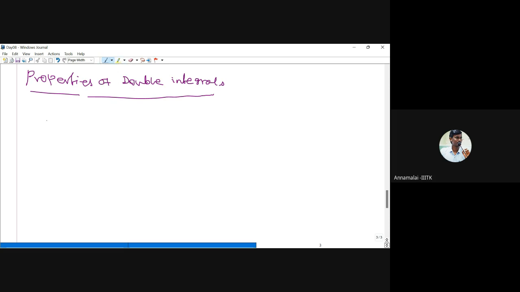So the first property: suppose we have a constant k. The double integral over the region of k times f of x comma y dA, you can take k outside: k times the double integral over R of f of x comma y dA. For any k this is true.